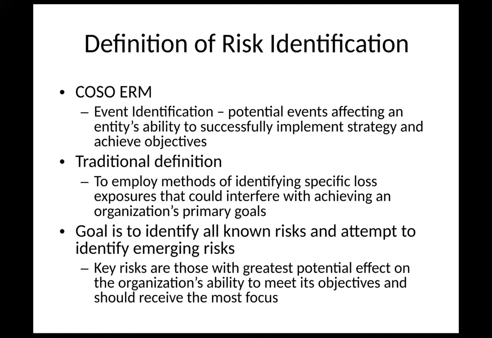Everything really ties back to how a risk impacts the organization's strategy, or in this case, its ability to achieve its objectives. We can identify tons of risks, right? There are lots of different risks out there, but that's part of the problem: you can identify a whole bunch.